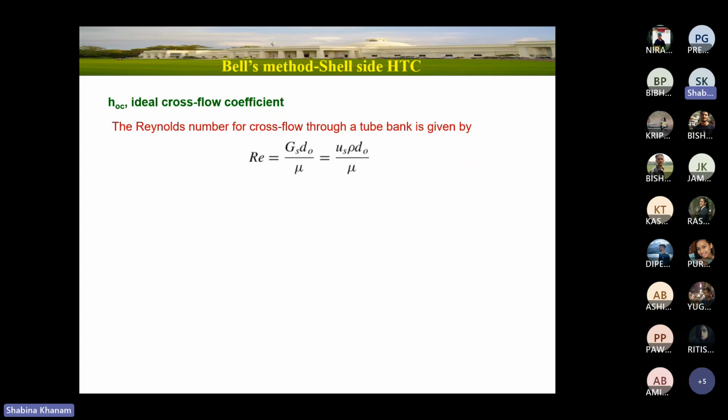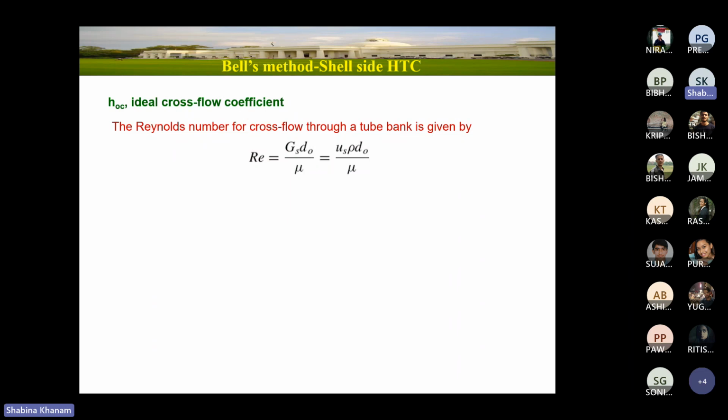However, in Kern's method the Reynolds number counts DE, the equivalent diameter. If you recall Kern's method, that was the equivalent diameter, and here it is the OD of the tube, considering that fluid is flowing over the tube without any hindrance.